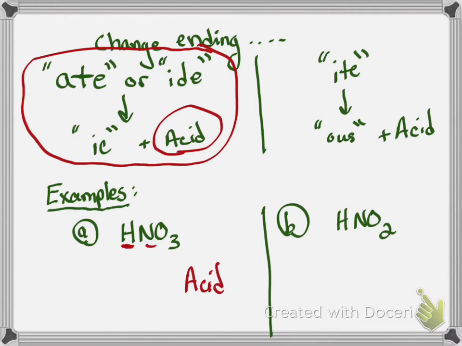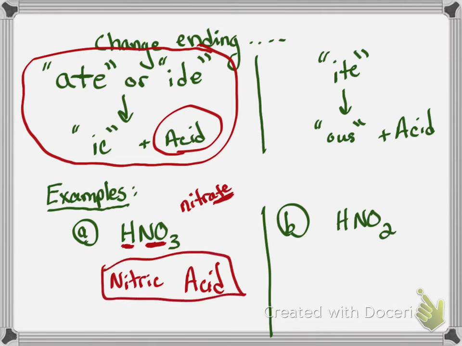Now, we're going to use this polyatomic ion name. That is nitrate. But because we change "ate" to "ic," it's nitric acid. So that's the name. The hardest part is you have to take the time to know that it's nitrate to change it to "ic."